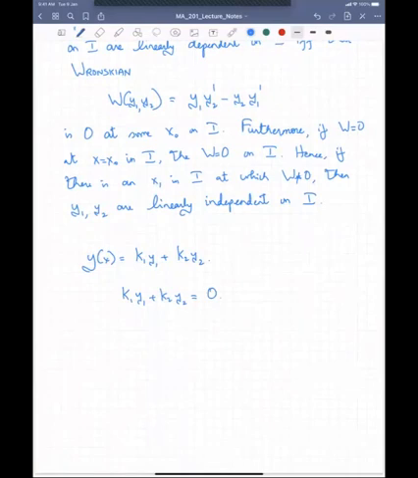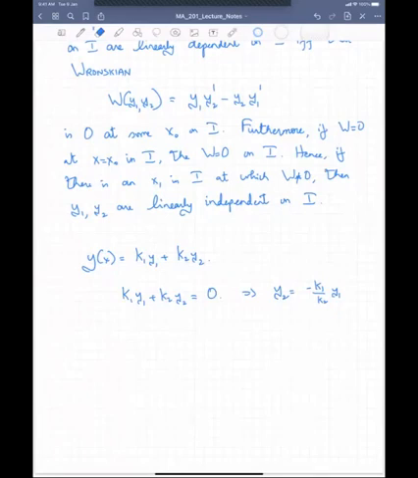If, on the other hand, I'm able to write down a solution for non-trivial k1 and k2, in other words, if this implies that y2 is minus k1 over k2 times y1, then the solutions are linearly dependent on each other, which means that the ratio of y2 over y1 is just a constant. In which case y1 is not really an independent function, because if I know y2, I can just multiply it by some constant and get y1. So there is no independent way of getting y1.